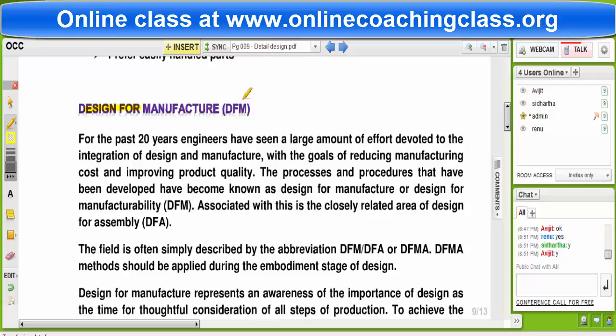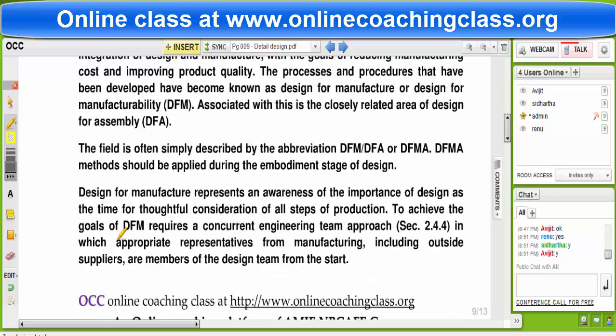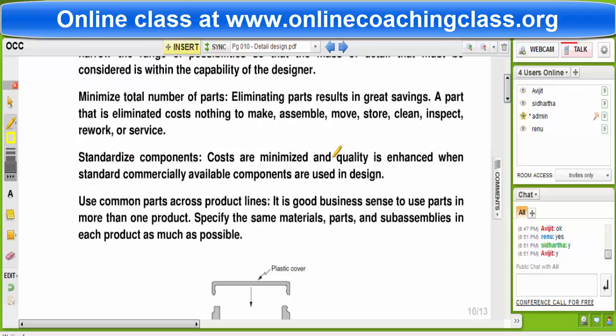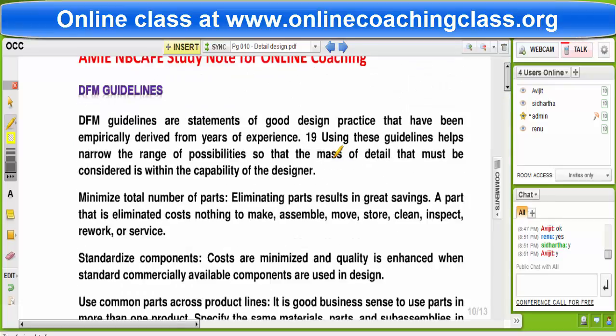Some difference is there, we will go through that. See here. Like DFA, DFM also has certain rules or guidelines.